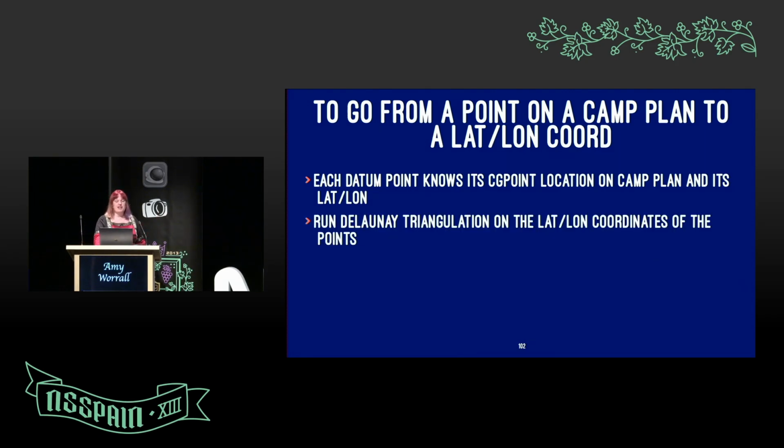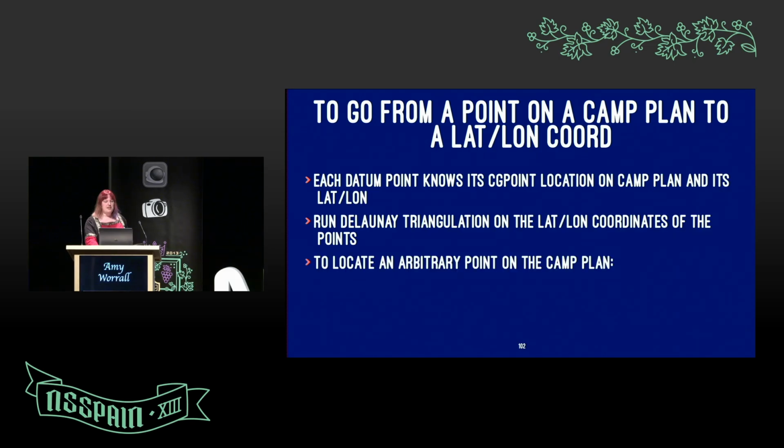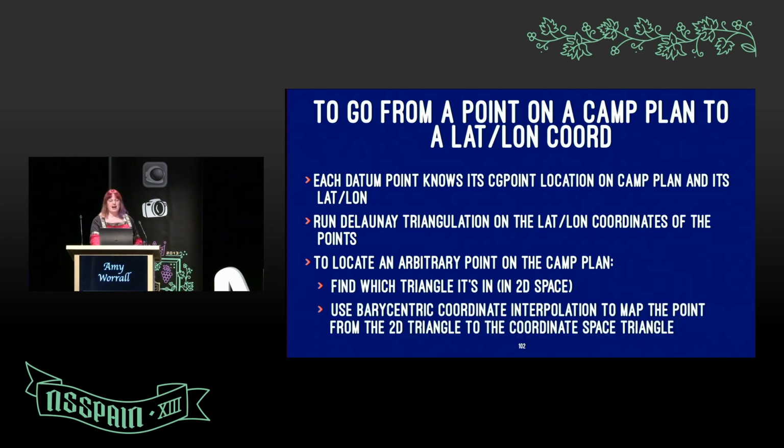So we run the triangulation on the latitude and longitude coordinates of all the points. That way we've got our triangle mapping. Then to locate an arbitrary point, we find which triangle it's in, in 2D space this time. And then we use another named algorithm, barycentric coordinate interpolation. That's essentially how you do something like linear interpolation, but inside a triangle.